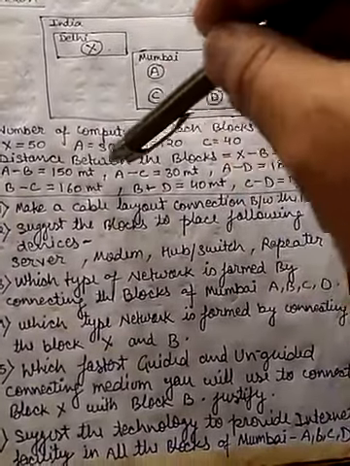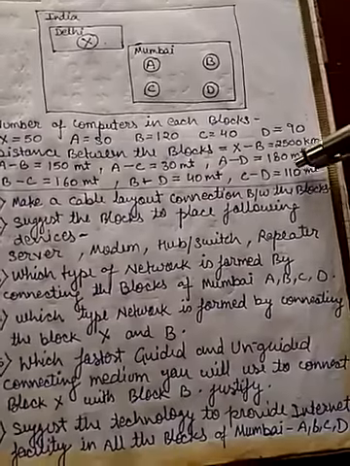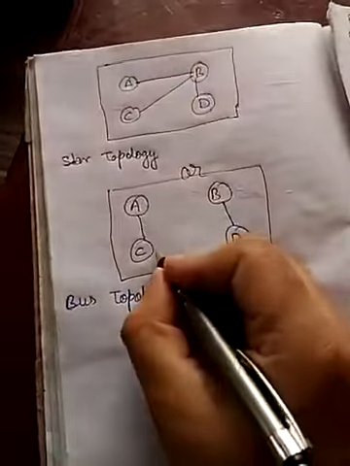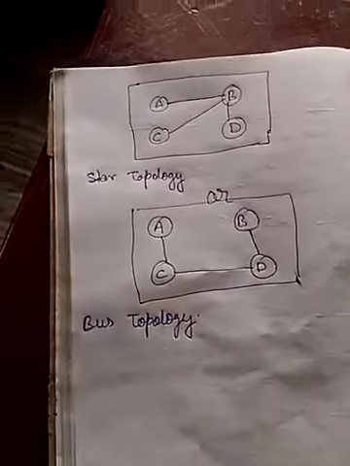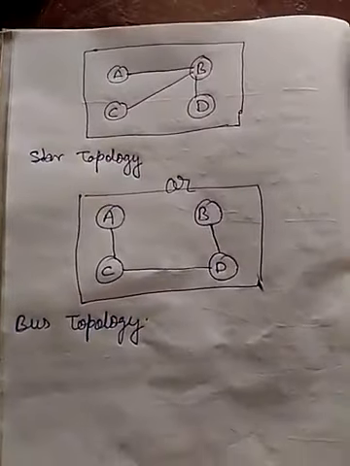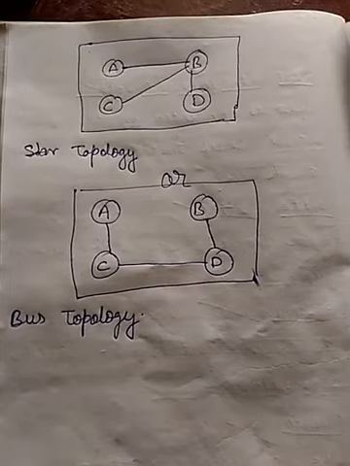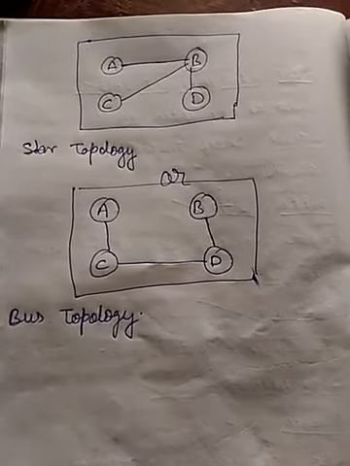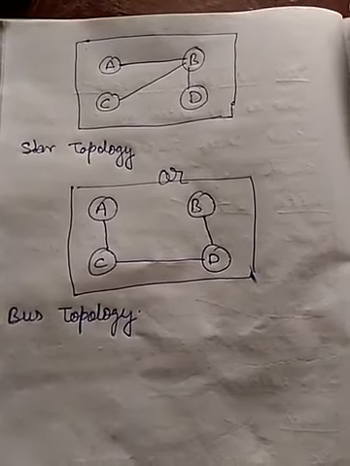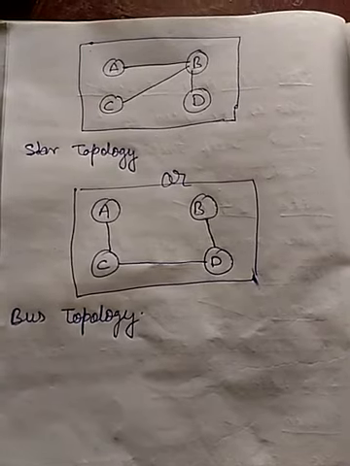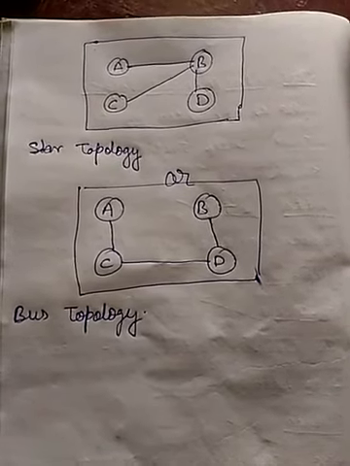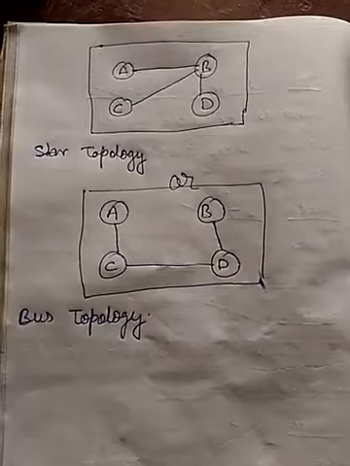So third is C to D. It is having 110 meter. So we connected this. So this is a bus topology. All the nodes are connected through a single wire by following the shortest distance. Hence the installation cost will be low because it takes less wire.